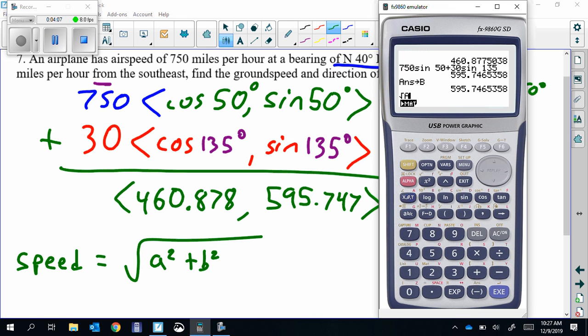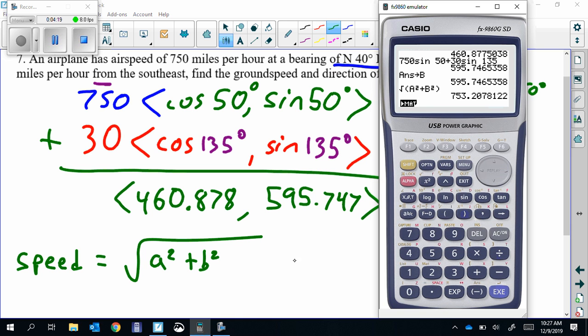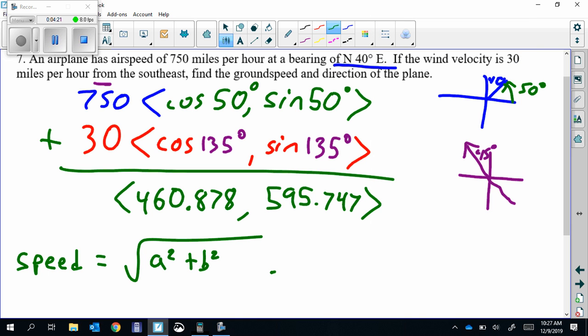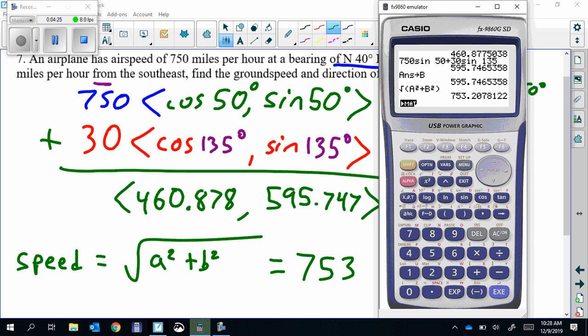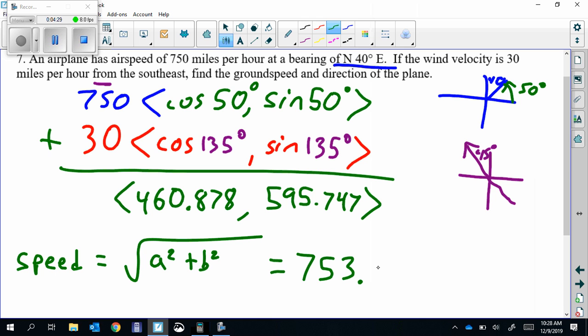So a squared, any parentheses around it though. A squared plus b squared .208 miles per hour. That's your speed.